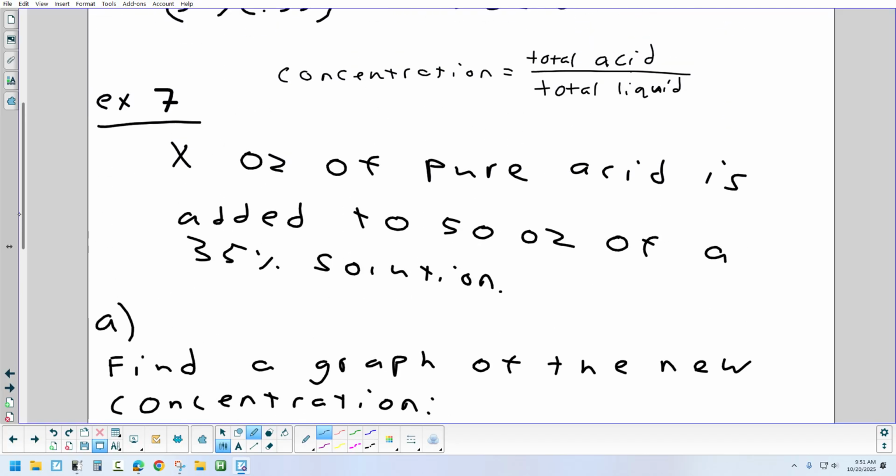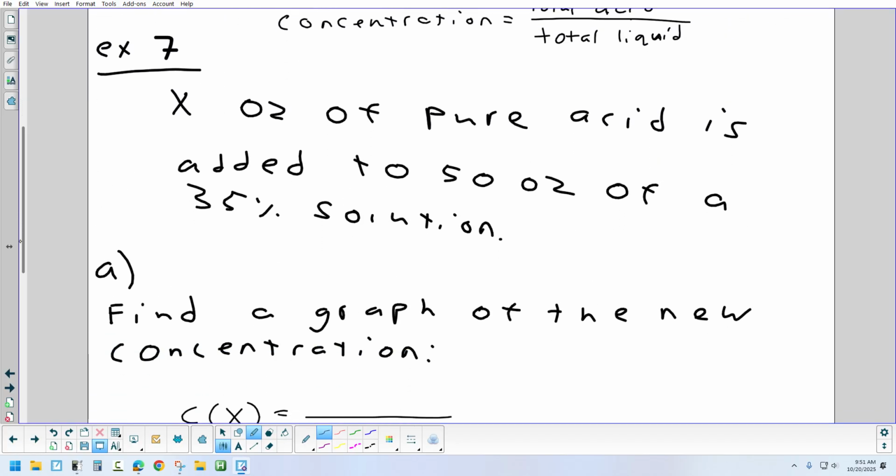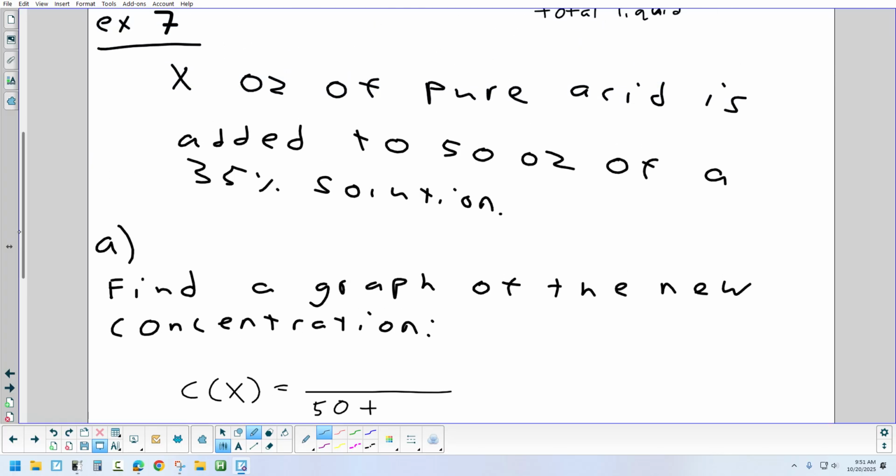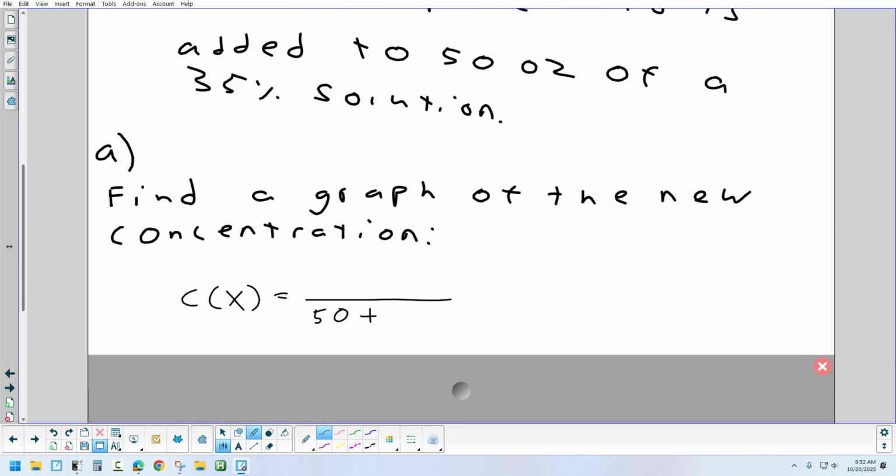Let's do the bottom first. Total liquid. Well, the total liquid is made up of two things. One, how much liquid did I start with in my mixture? We started with a 50-ounce solution, but we're pouring more in. How much more am I pouring in? I'm pouring in X ounces.